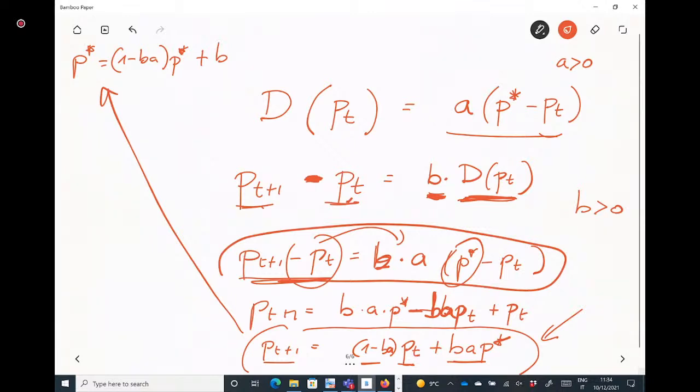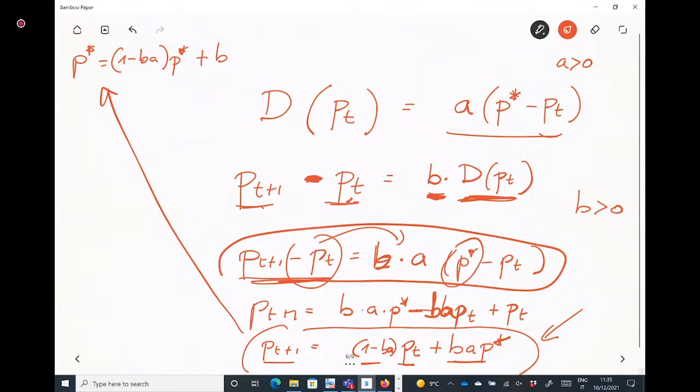So let me write this. BA P star minus Pt, Pt plus 1 is equal to BA P star minus BA Pt plus Pt. So Pt plus 1 is equal to 1 minus BA Pt plus BA P star.